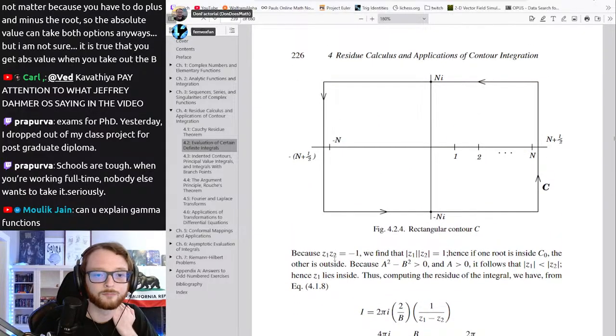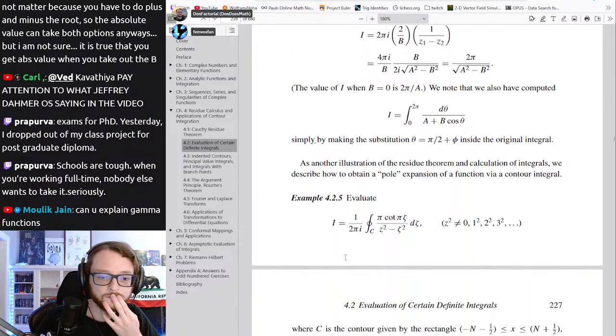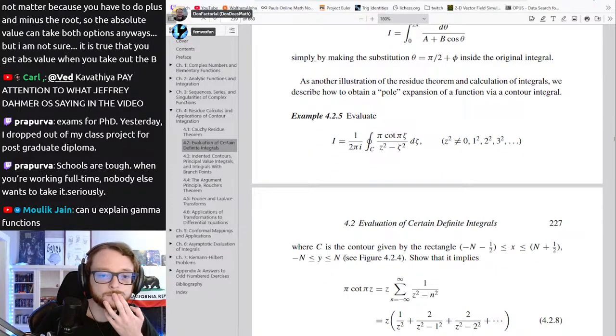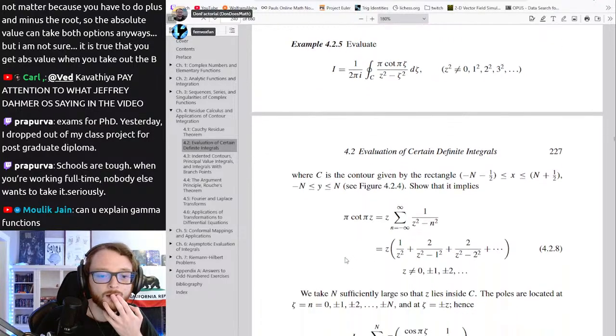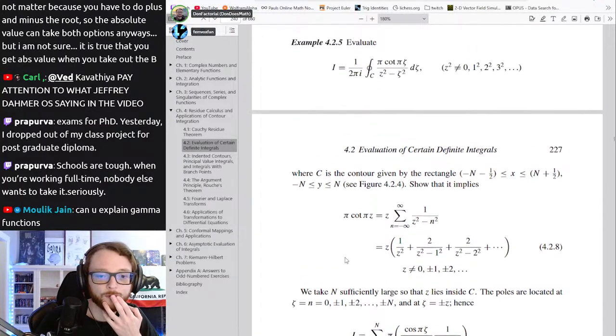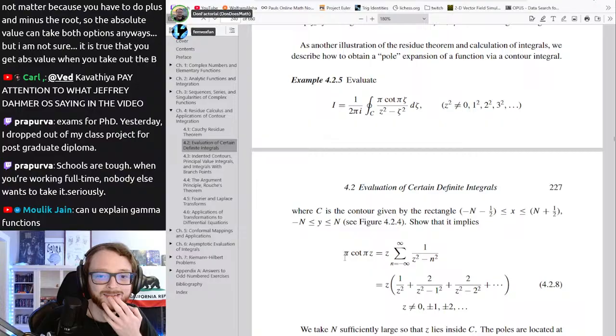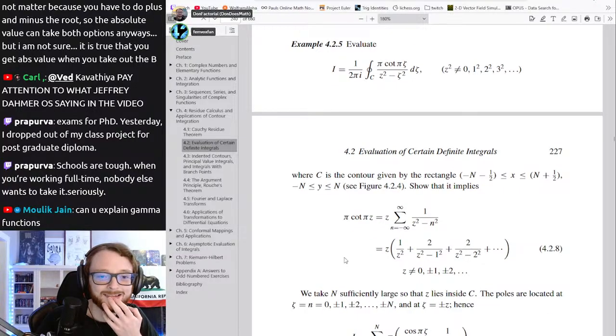The height of the rectangle, or sorry, the width of the rectangle, n+1/2 just kind of seems arbitrary. Or no, that is the height. This is where it got seriously crazy, though. Yeah, I didn't even look at this one.